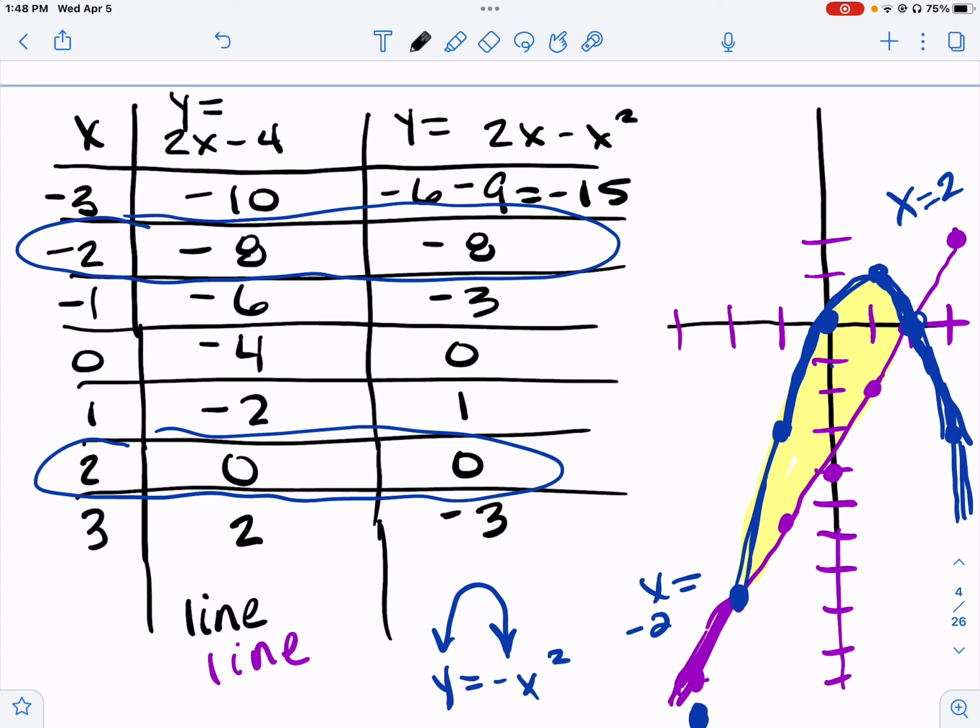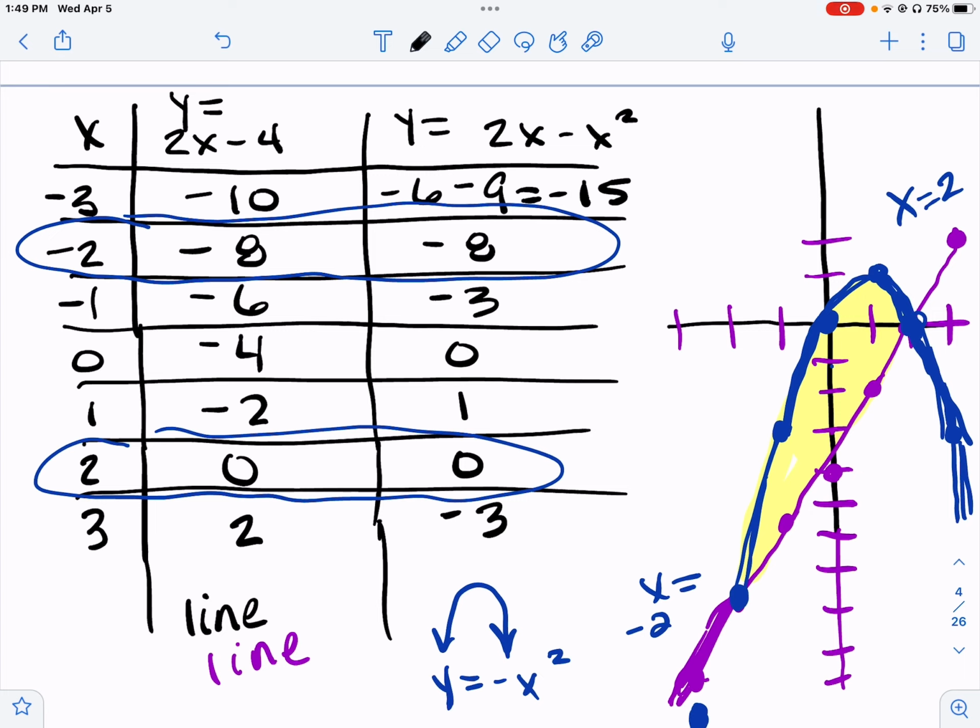Okay, let's go from -3 to 3. When you plug in, you can get your graphs. So we have -3, -10; -2, -8; -1, -6; 0, -4; 1, -2; 2, 0; and 3, 2.